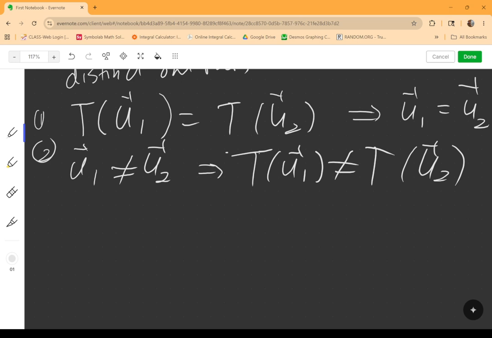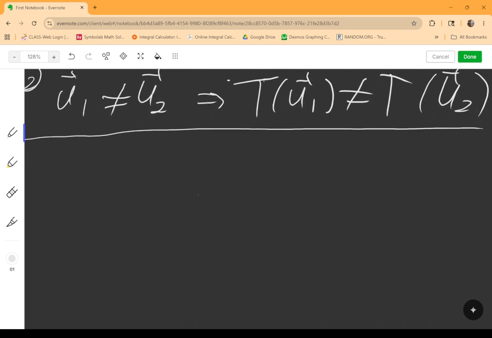Before I move on, the way to think about injective, like an algebraic function, is as a one-to-one property: an input leads to a unique output.